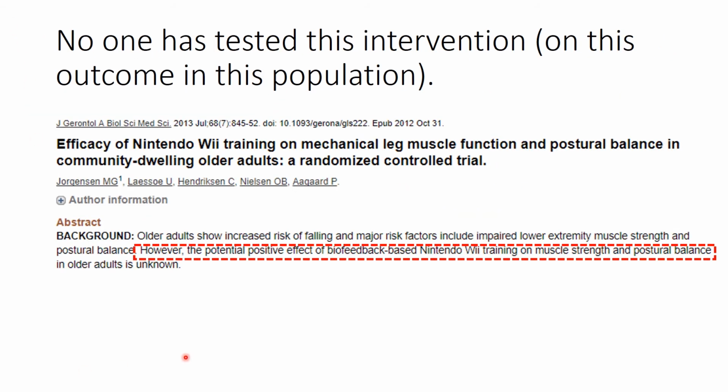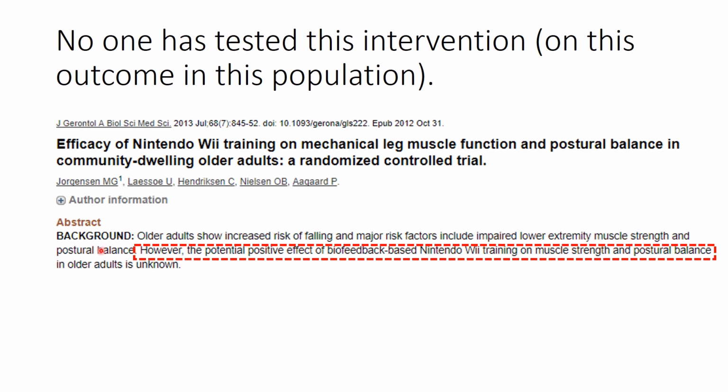Now in this scenario, what they're going to say is that we know that this outcome is important in this population, but no one has ever tested whether this intervention is beneficial for this outcome in this population. So older adults show an increased risk of falling, and major risk factors include impaired lower extremity muscle strength and postural balance.